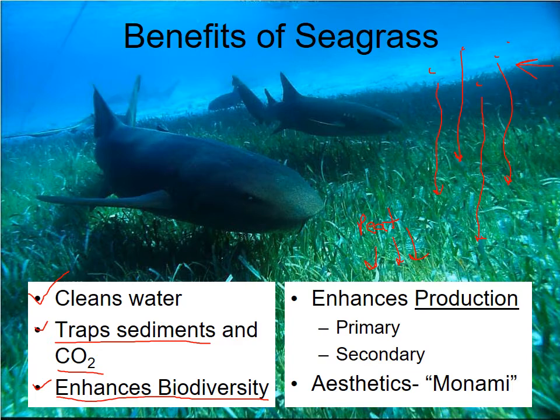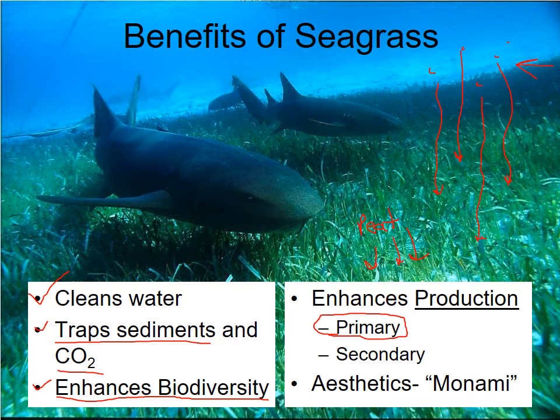And in addition to enhancing the variety of life, it enhances the productivity of life. The seagrass itself is very productive and creates a lot of plant material, and the algae that lives on the seagrass blades is also very productive. So that leads to a lot of primary productivity, and of course you've still got the phytoplankton productivity in the overlying waters.